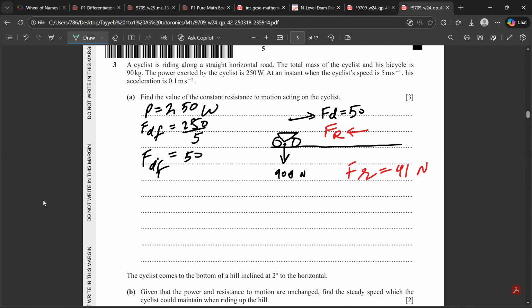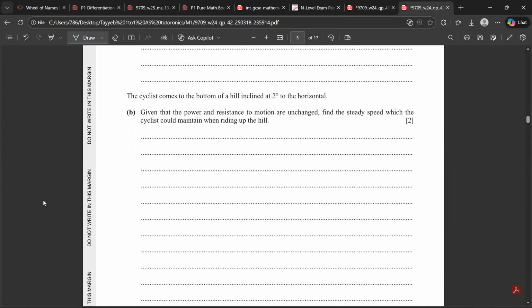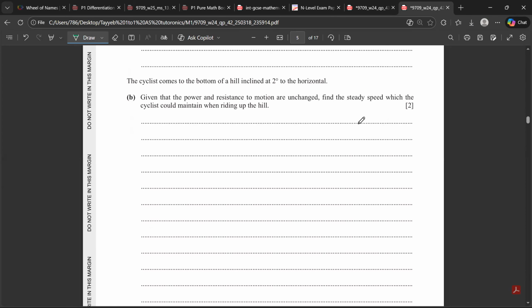The cyclist comes to the bottom of a hill inclined at 2 degrees. So now it is an inclined plane, 2 degrees. Given that the power and resistance are unchanged, find the steady speed which the cyclist could maintain when riding up the hill.